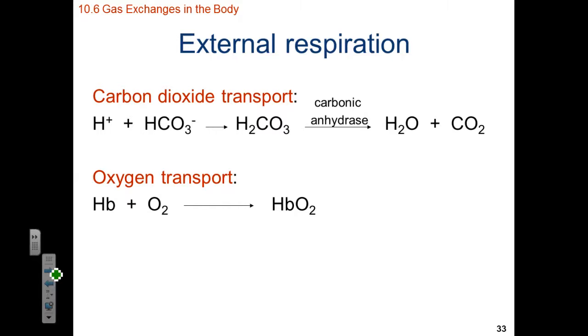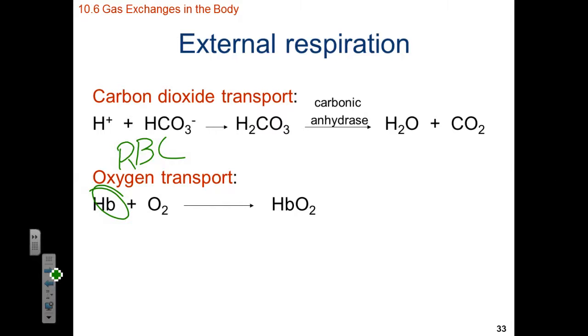Now, if we look at this figure, this slide tells us how we move those gases through our bloodstream. Within our red blood cells, also known as RBCs or erythrocytes, we have many hundreds of millions of proteins known as hemoglobin. Approximately 300 million hemoglobin molecules per red blood cell. And we abbreviate hemoglobin as Hb.